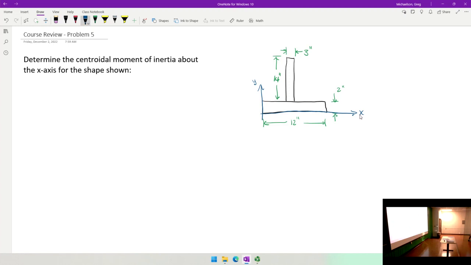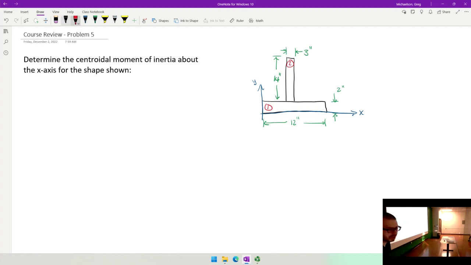Really what I need to do is ensure that I am referencing everything from the centroid of the shape in question. Now, to reference everything appropriately, let's put some numbers to this. We'll call that shape 1 and call this shape 2. So shape 1 is this lower flange. Shape 2 is this upper stem or this upper web.